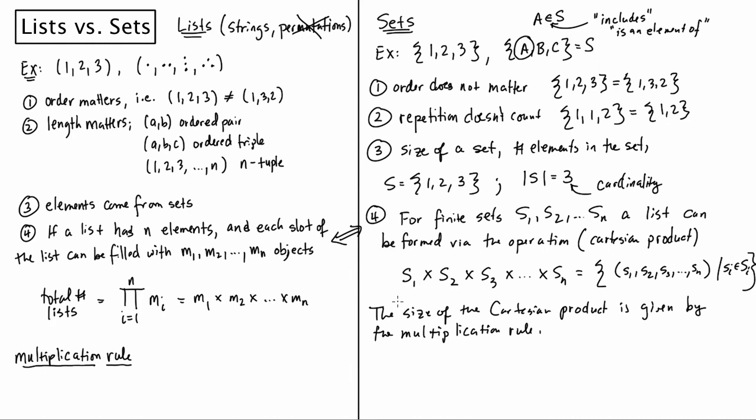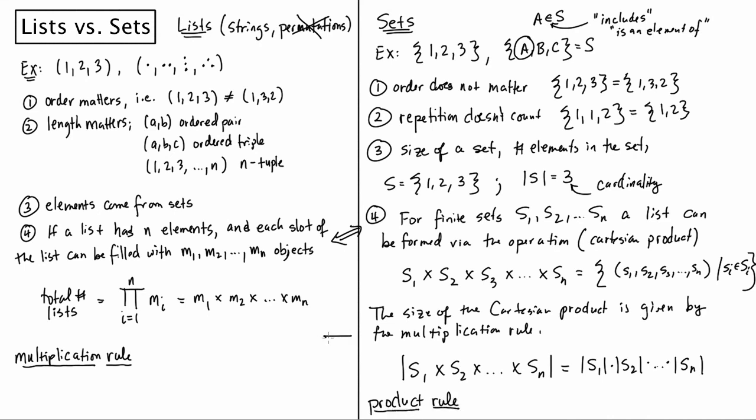So basically this is saying the size of the product is equal to the product of the sizes of the individual sets. If I multiply the cardinalities of each set, then I get what is called the product rule or the multiplication rule. A lot of times they'll call this the product rule because we're talking about set products here, but it's the same as the multiplication rule over here.